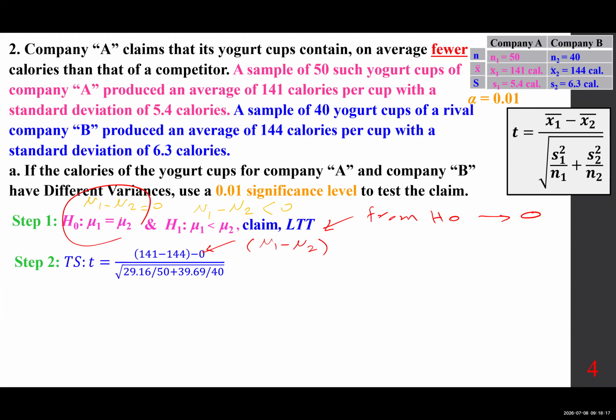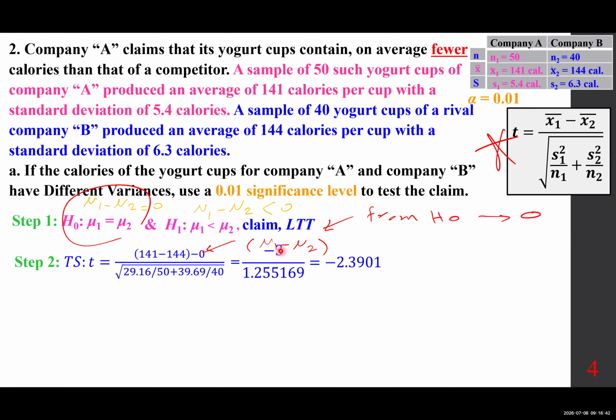That's why I didn't put it in this formula. However, in some instances, you may be testing the hypothesis that there's a precise difference of, for example, 2 or 5 or minus 8, so this may not necessarily be 0. So plug in, do the math, and you get negative 2.3901.